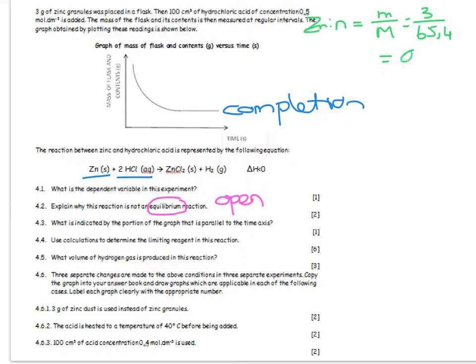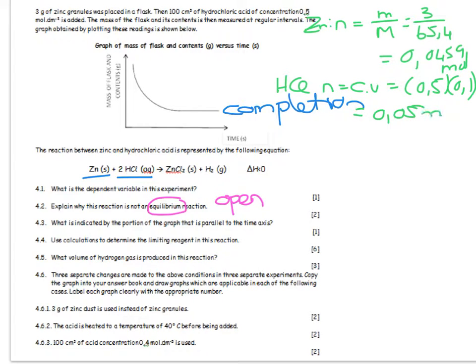And that turns out to be 0,0459 moles. And then for hydrochloric acid, the number of moles is equal to concentration times volume, 0,5 times 0,1, and I land up with 0,05 moles.